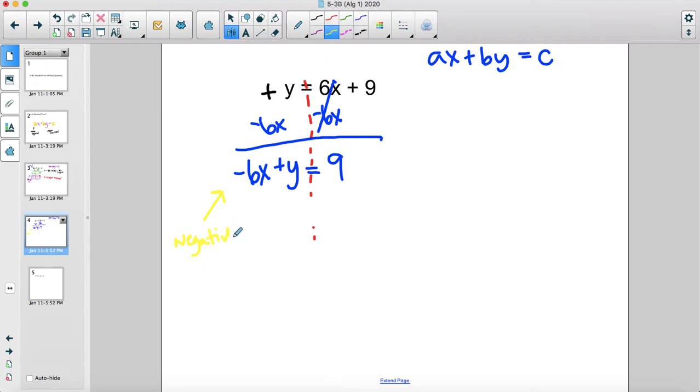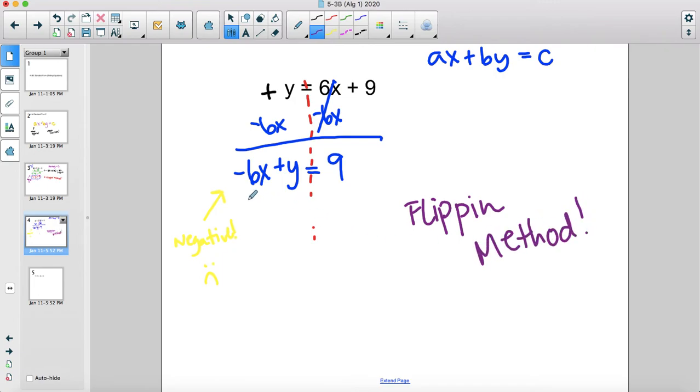We can't have that. So we've got to use the flipping method. So we're going to flip everything. Negative 6x becomes positive 6x. Plus y becomes minus y. Equal sign stays an equal sign. And positive 9 becomes negative 9. And now we have that equation in standard form.